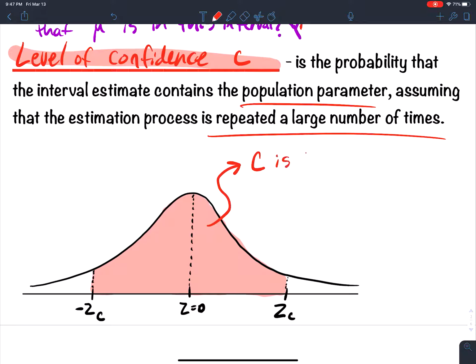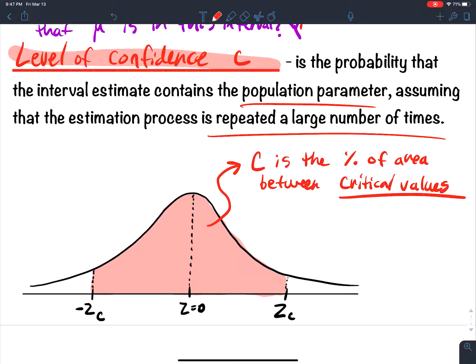C is the percent of area between critical values. Definition, critical values. What are my critical values? Plus and minus zc. The critical values separate probable from improbable, okay?